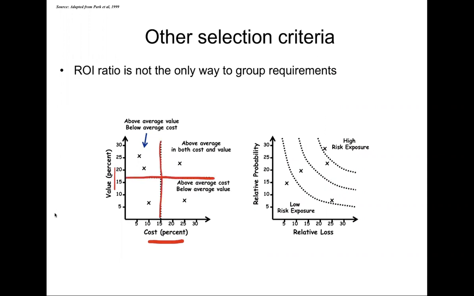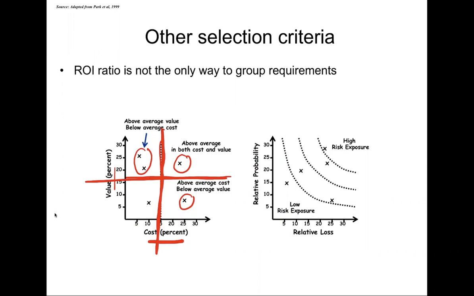Above average value and below average cost will be in this cluster. Above average in both cost and value will be in this cluster. Above average cost and below average value will be in this cluster. So we are not using the boundaries of the ROI. We're just using a sharp split in which we identify this line as well as this line to differentiate above and below average of the cost and the value.